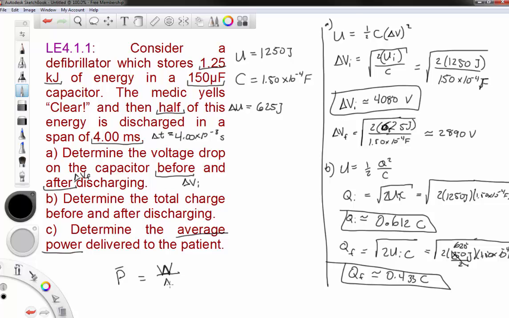So work per unit time, which is also change in the potential energy per unit time. So that is basically 1250 minus 625, which gives us 625 joules divided by the time, 4.00 times 10 to the minus 3 seconds.